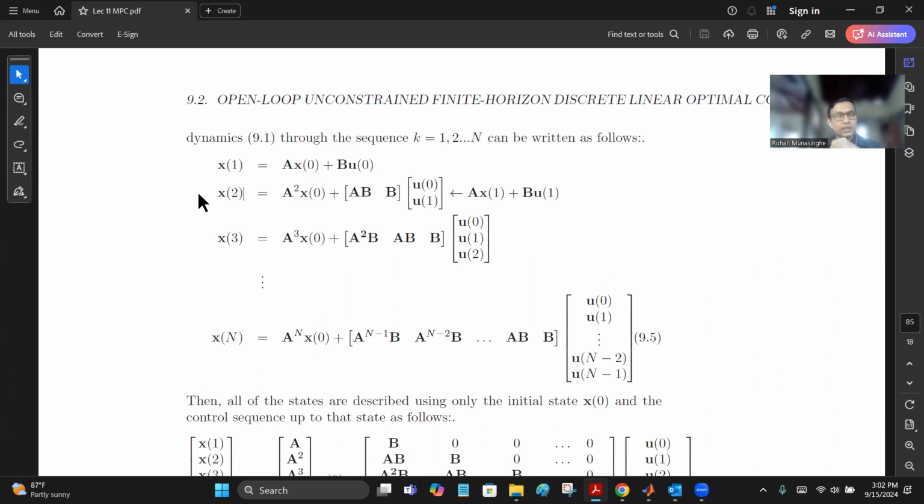So now you are at x2. You can calculate your x2 like you are driving a vehicle, right? And you do this computation every minute.